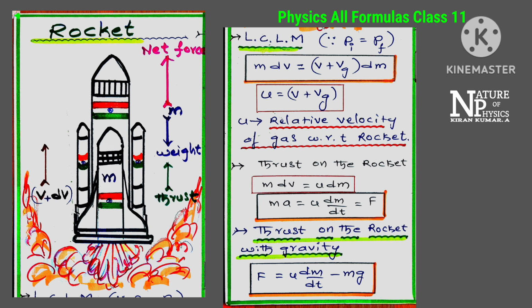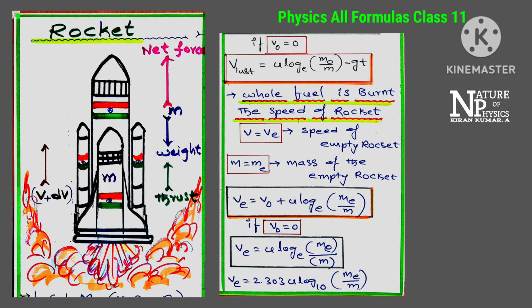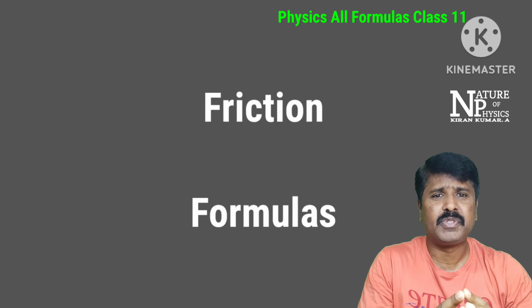Okay, so different formulas for the rocket I gave you student, velocity of the rocket, and also instantaneous velocity clearly given, and also finally different formulas I gave you for the rocket. Okay student, and also all these PDF short videos I will provide in the description also.